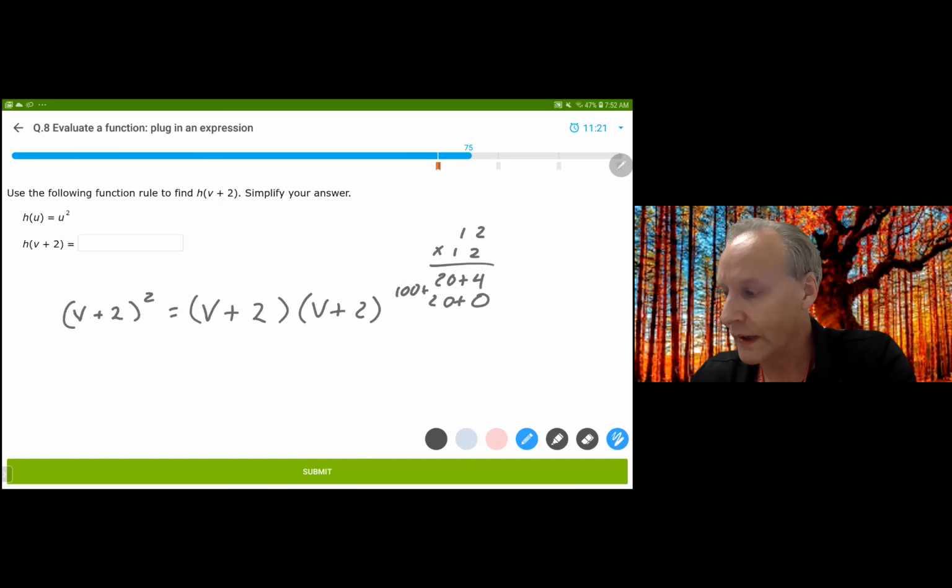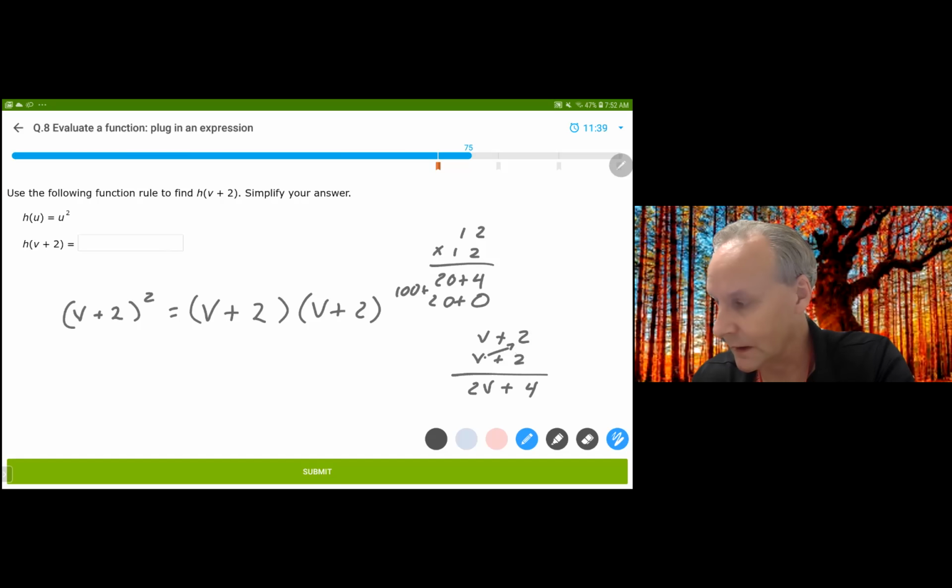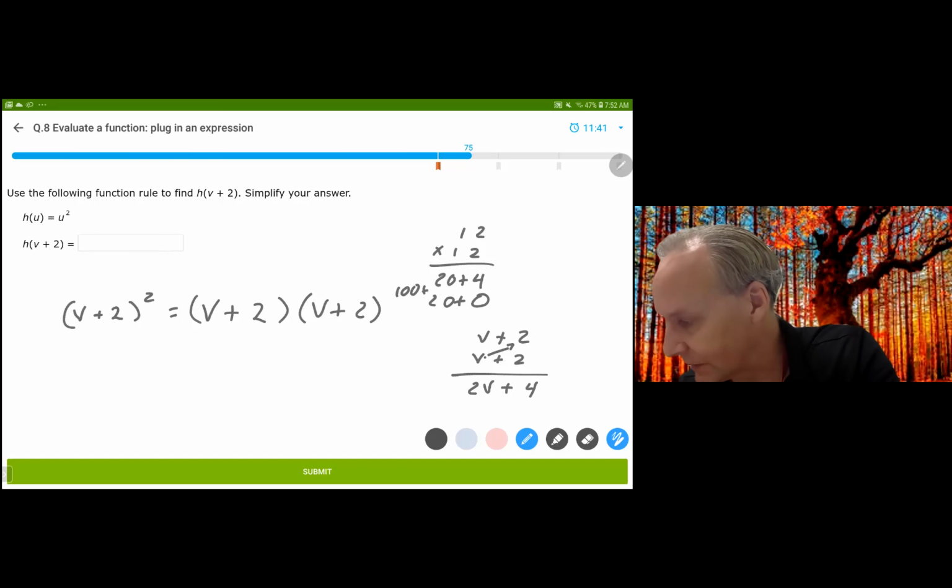So what I did, and I'm going to show you this in the v plus 2 times v plus 2. So let me do the same thing, v plus 2 times v plus 2. So I'm going to multiply the 2 times the 2, which is 4, and this v times the 2, which is 2v, and then I'm going to multiply this, sorry, my bad. Hang on, let me fix this.